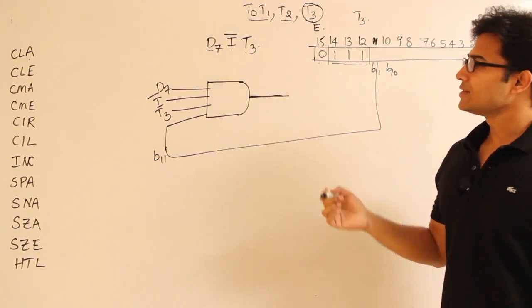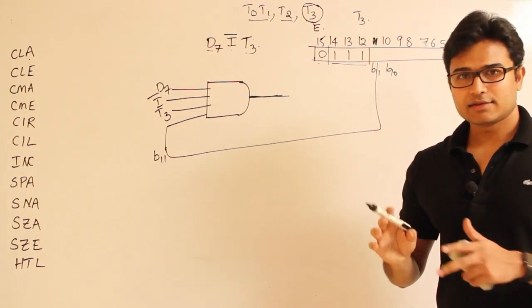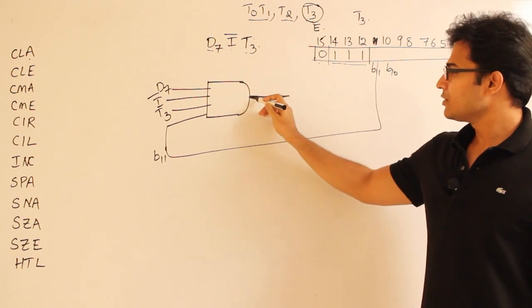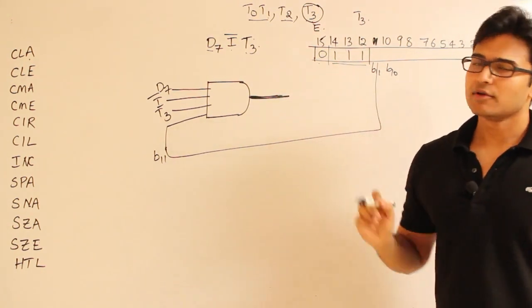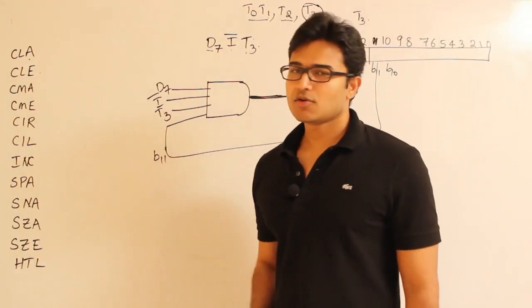Let us say the accumulator is already configured in such a way that it has the required circuit to complement it. Now this input has to be given to trigger that hardware. Once you trigger it, the accumulator will be complemented. Similarly, complement E, this one is complement E.